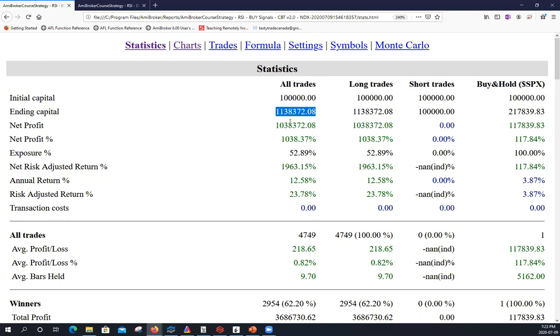Now, if you look at our exposure, we're only in the market about 50% of the time. Our annual return is just over 12%. But if you look at our risk-adjusted return, which takes into account our exposure, because we're only in the market about 50% of the time, our risk-adjusted return is pretty good at almost 24%.